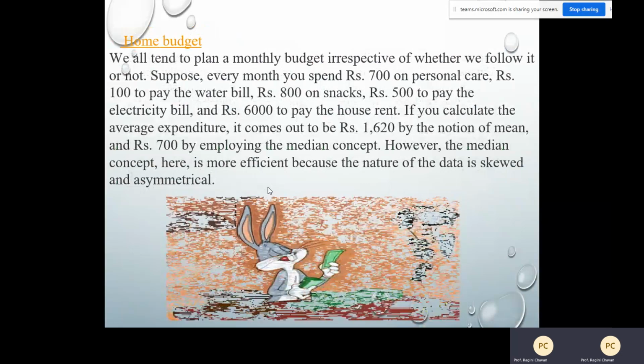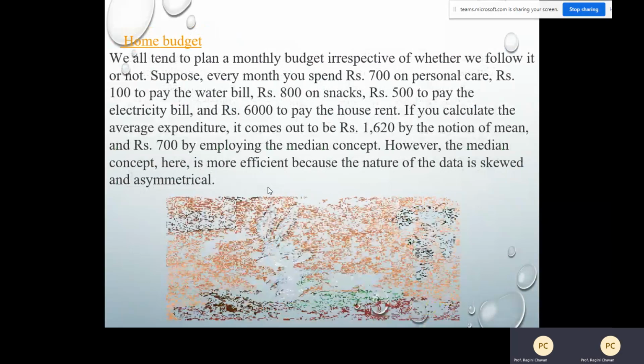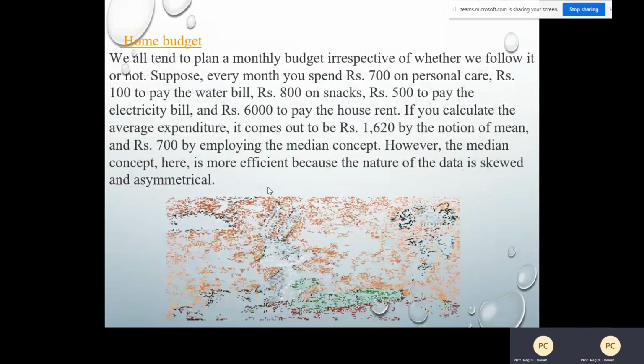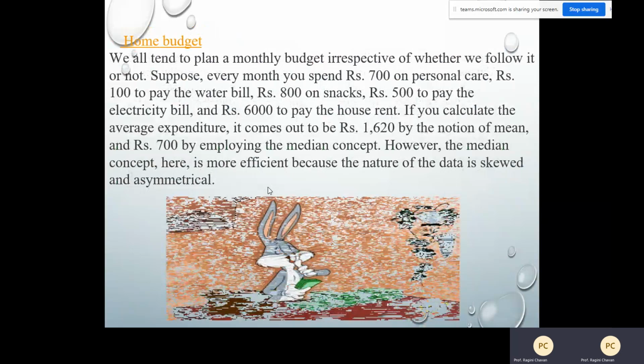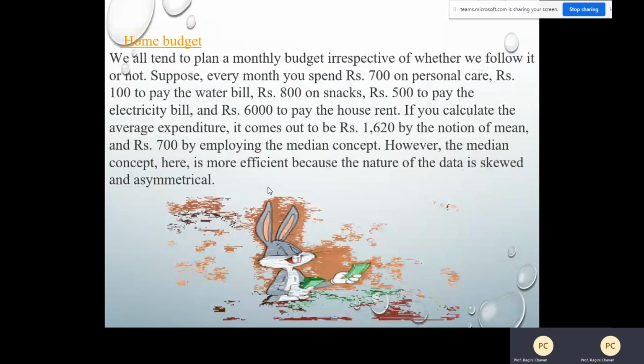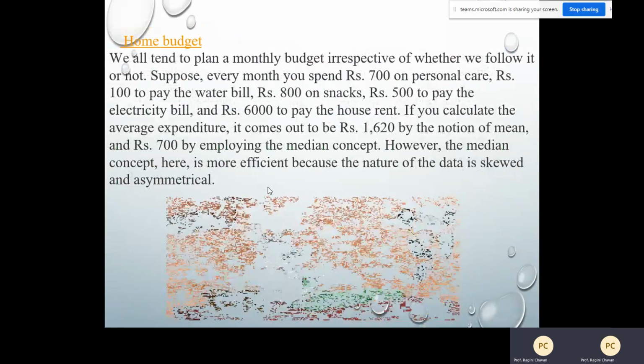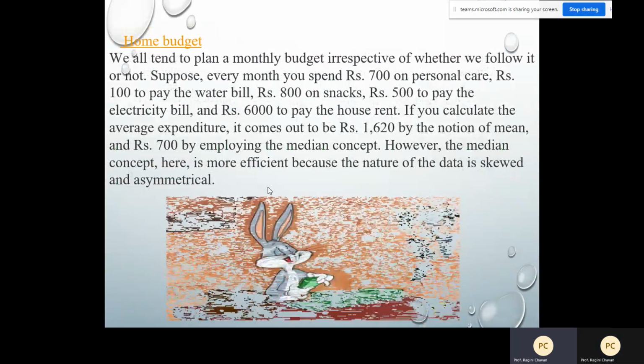If you calculate the average expenditure, it comes out to be 1620 by the notion of mean and rupees 700 by employing the median concept. However, the median concept here is more efficient because the nature of the data is skewed and asymmetric.